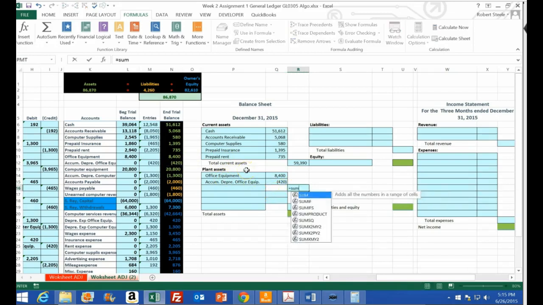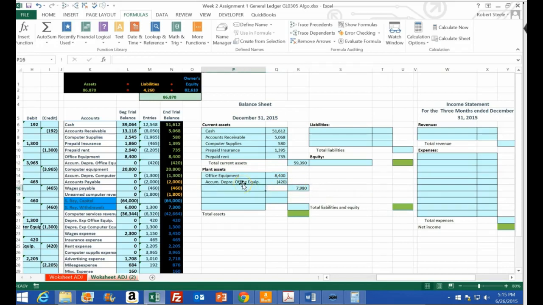So equals the sum of this and that, meaning this positive number plus that negative number, which is like a subtraction problem. So the 8.4 minus the 420 gives us the book value, or the book calls it the office equipment net value, or book value.